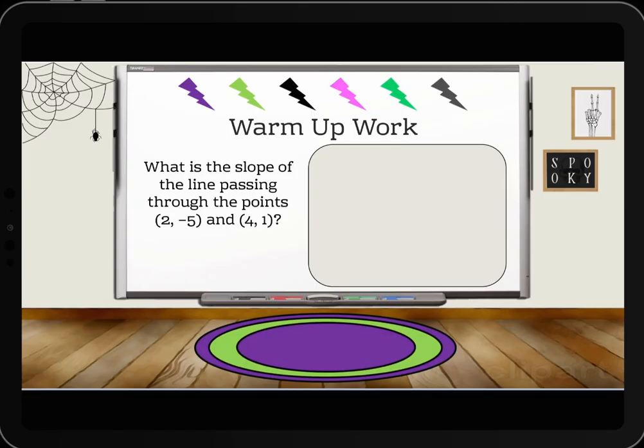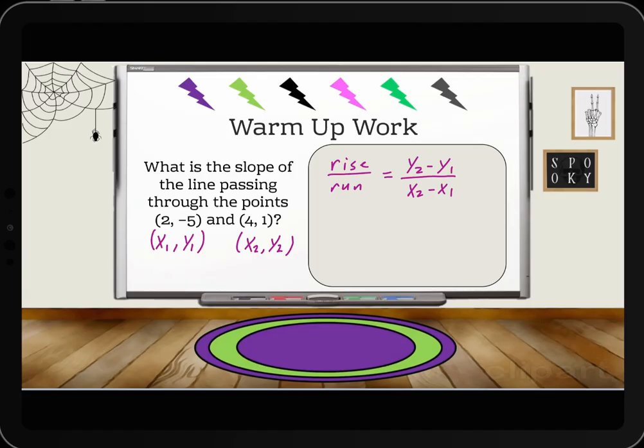So here we can see that this is our first coordinate, our x1 and y1, and our second coordinate, so we're using x2, y2. We know that slope is rise over run, and we can write that as the difference of our y coordinates over the difference of our x coordinates.